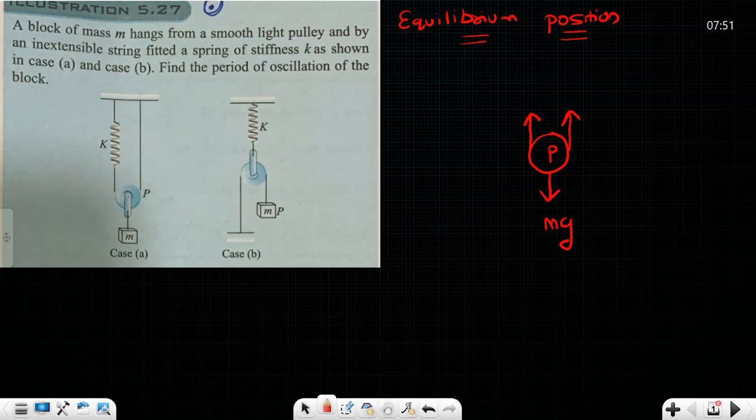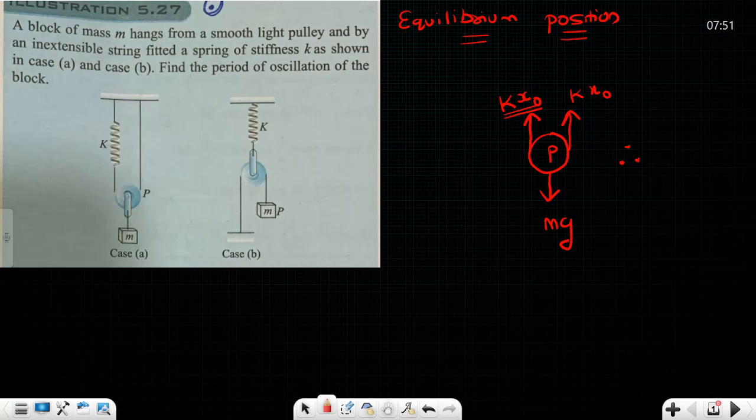Now on this side there will be some extension in the spring, so the tension will be kx0. Let's say the initial extension in the spring is x0. Since it is the same thread connected all throughout the pulley, whatever tension is on the left hand side, the same tension will be on the right hand side of the string.